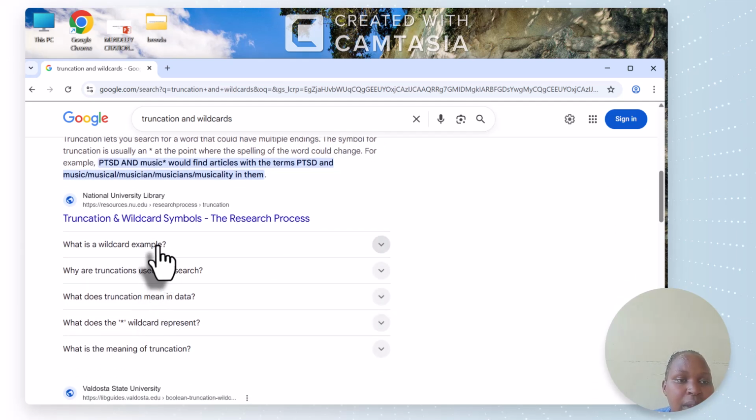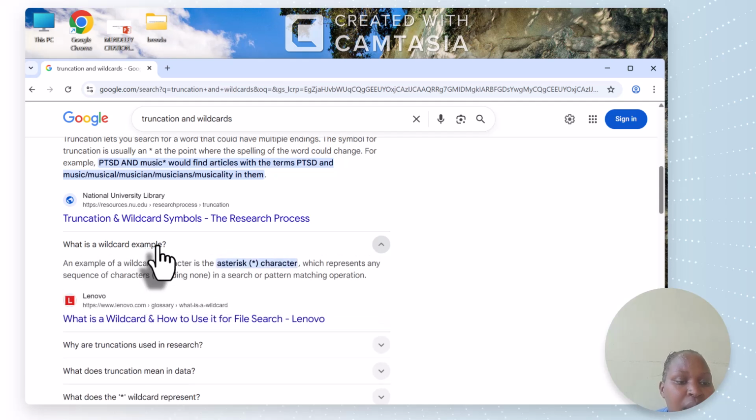Then let us look at wildcards. An example of a wildcard is the asterisk character, which represents any sequence of characters, including none, in a search or pattern matching operation.